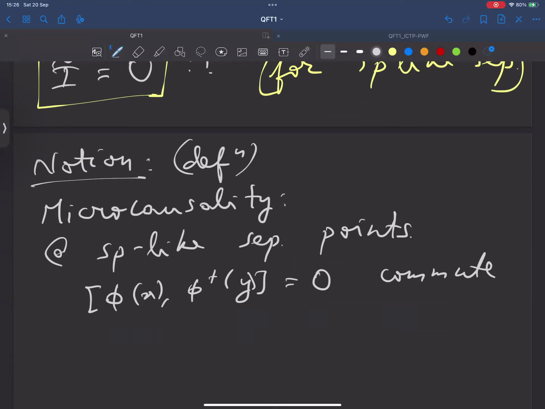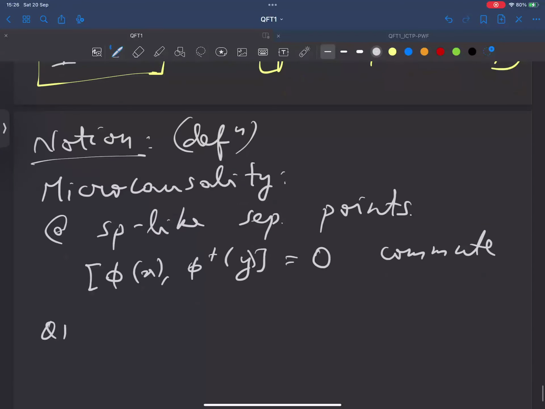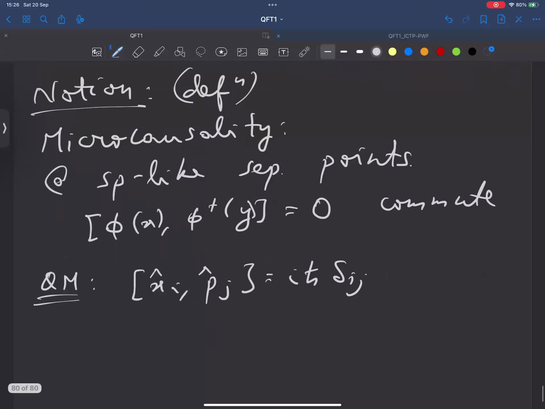But let me give you an intuition why this is the definition that we are taking. For that, let's look at quantum mechanics. We know that x_i and p_j don't commute, right?